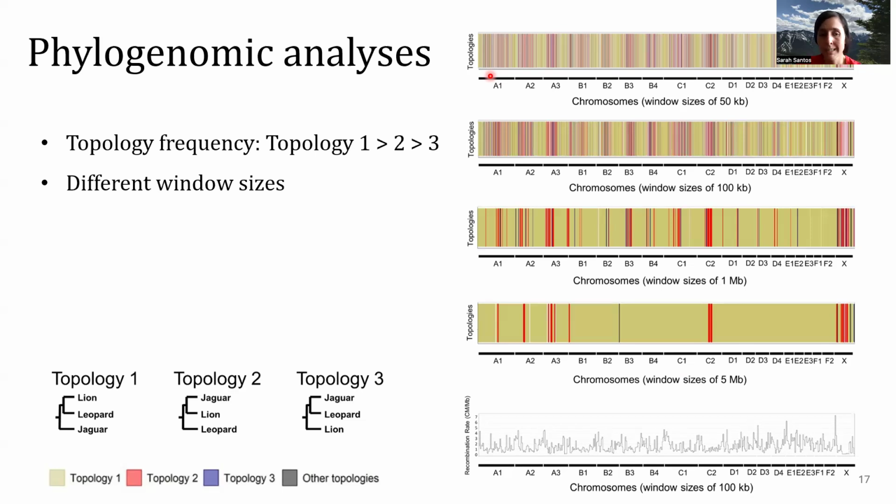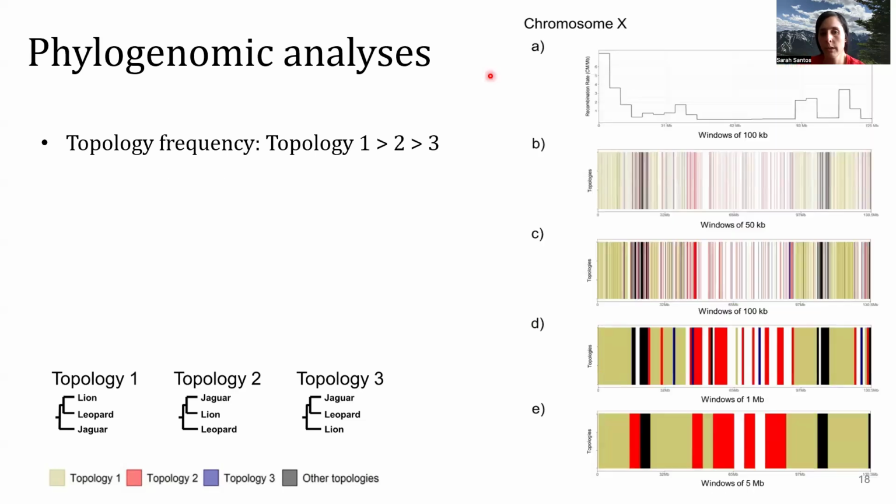So as I mentioned, for the different sizes. And if we look specifically for that signal in the X chromosome, it has what we call a cold hotspot in the genome, sorry, a cold spot. That's this region here, which is composed of very low recombination rates. We see that topology 2, so jaguars and lions, are placed there.